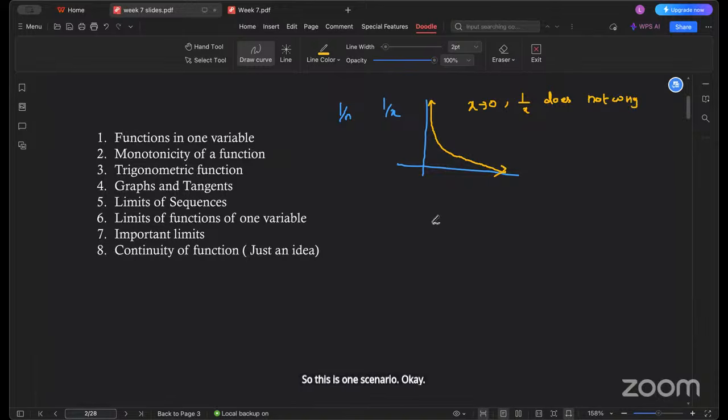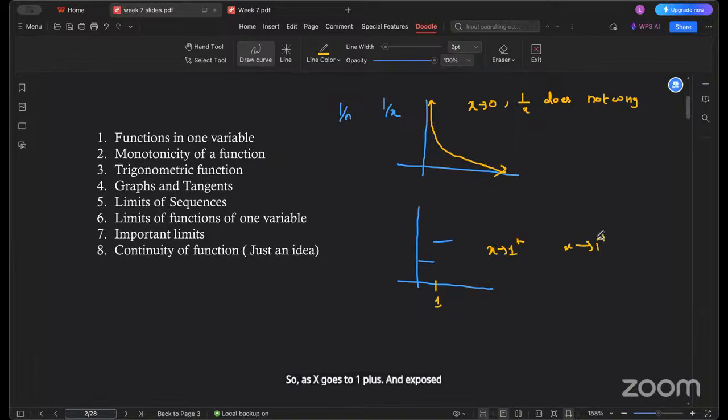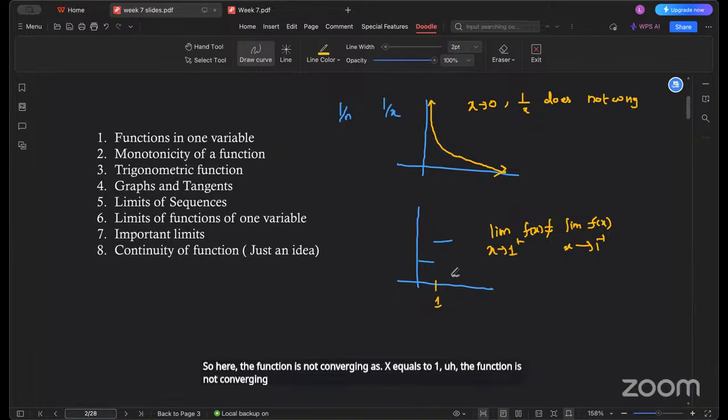Similarly, if you have the step function, suppose this is 1. As x goes to 1 plus and x goes to 1 minus, the limits of the function are not equal. So the function is not converging to any specific point as x goes to 1.